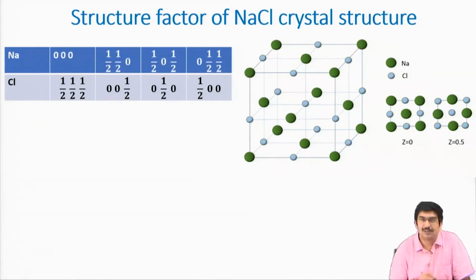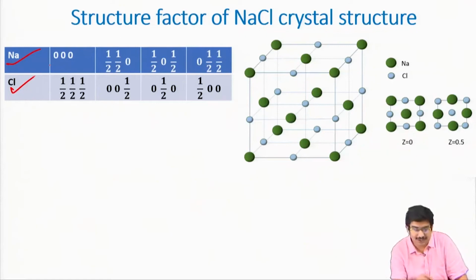As shown here, these are the atomic positions for sodium and chlorine. If you consider only sodium, this is an FCC. The green balls are sodium, and sodium itself has its own proper FCC structure. Now, chlorine will also have its FCC structure.